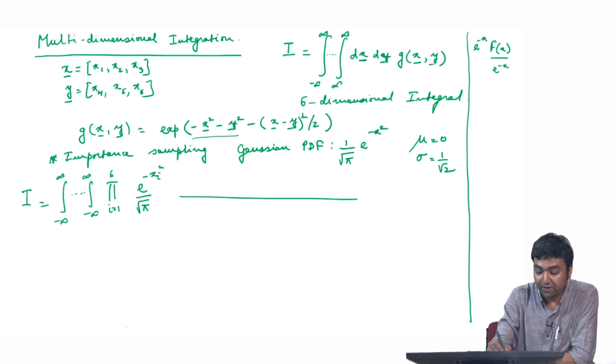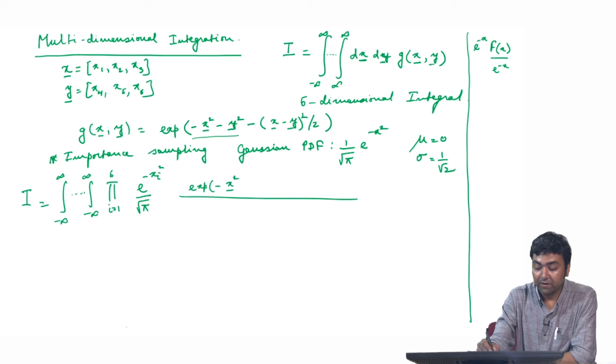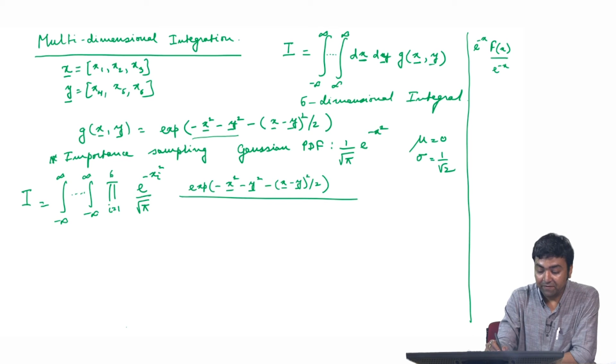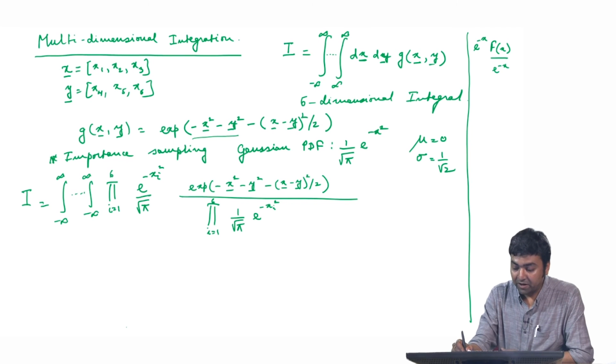And then I have my function of the following form: exponential of minus x square minus y square minus (x minus y) whole square by 2, and this I divide once again with this term, the product, 6 times, of 1 by root pi e to the power minus x_i square. And then I have dx1, dx2, all the way to dx6.